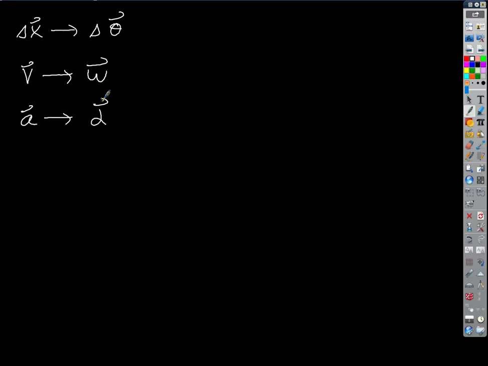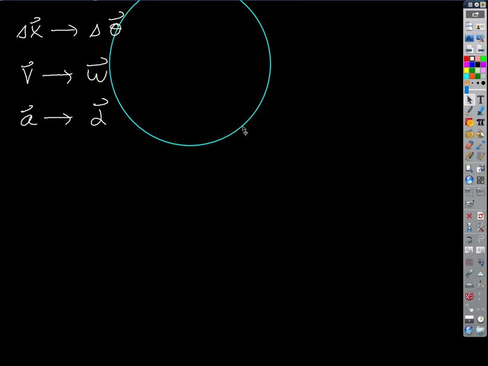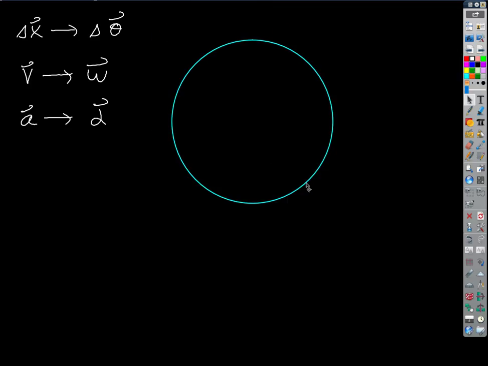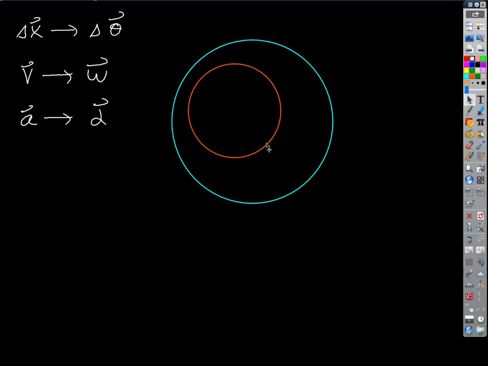It bridges the gap between the two. Let's take two concentric circles. So there's one, and here's another. Okay, close enough.